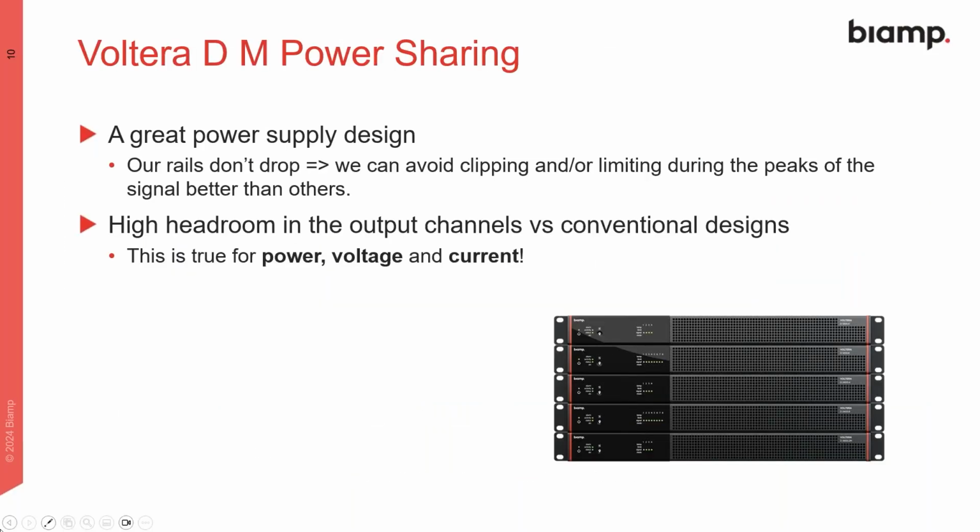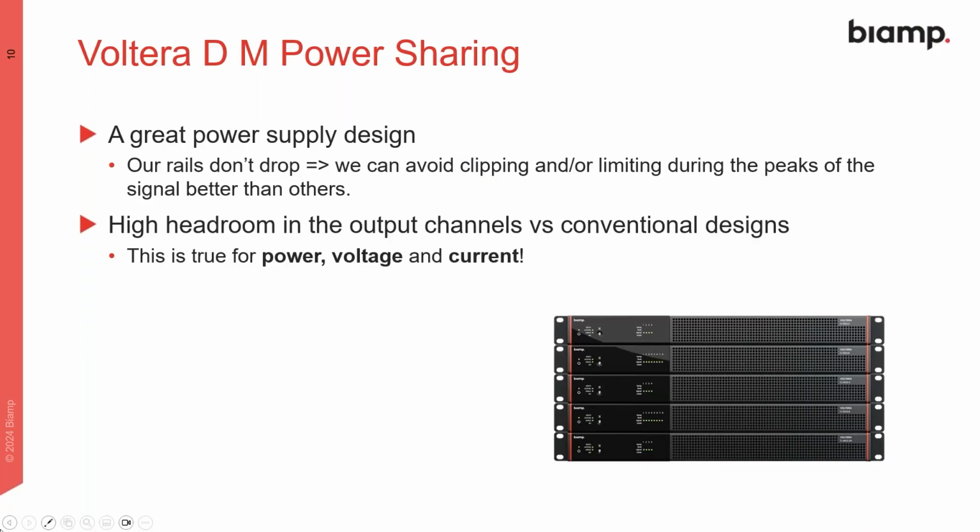So Voltera D and DM, power sharing. We came up with this ability through a number of design choices. But first of all, amplifiers, they're all about the power supply these days. Power supply design is paramount to make these work. And our power supply, one of the newest, most advanced power supplies on the market, in the Voltera family.